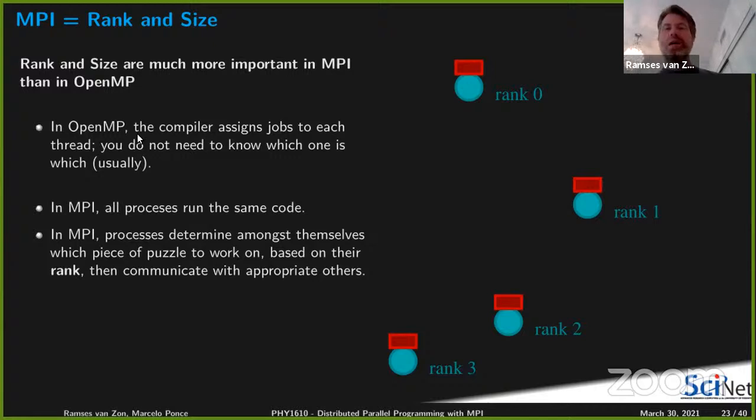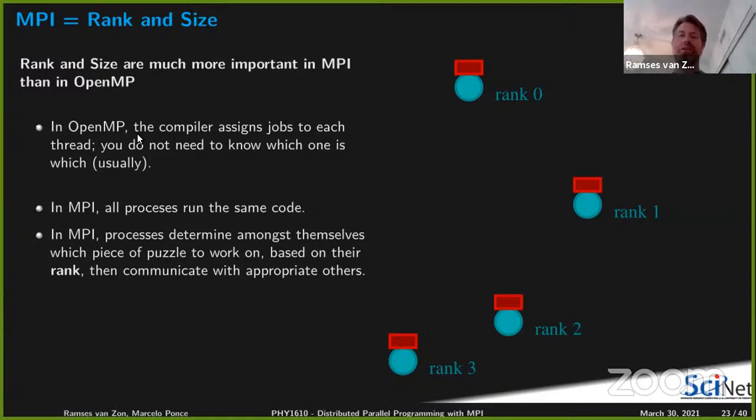So the only way we can have a different rank do a different computation is to check the rank and from that deduce what it should do. Each process has to do its own determination. Every process will ask for its rank, and based on that rank, that process has to be able to deduce what its role is in the larger scheme of things.